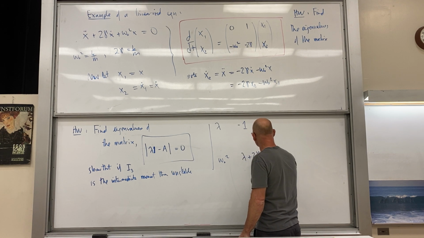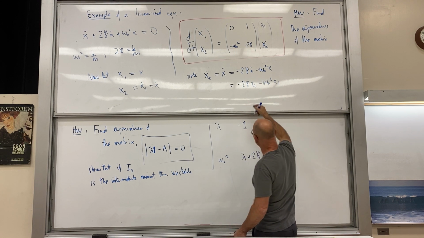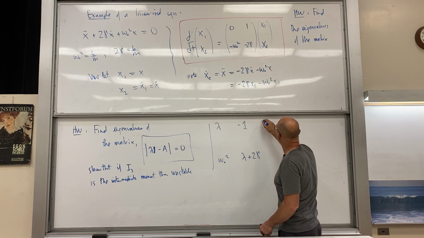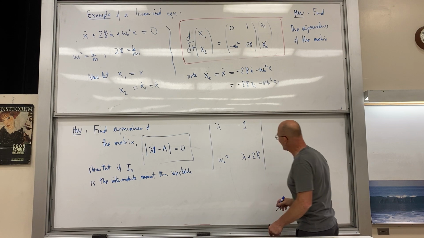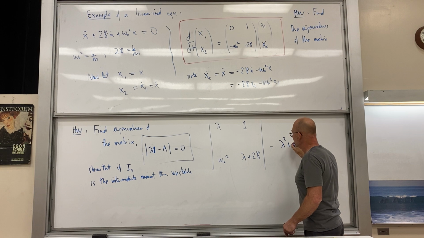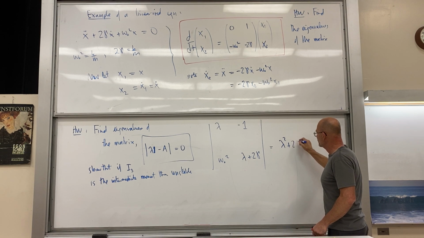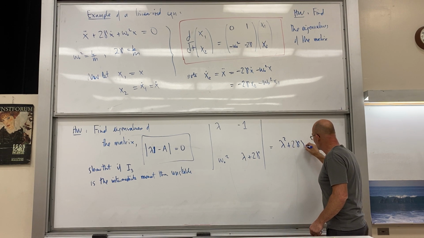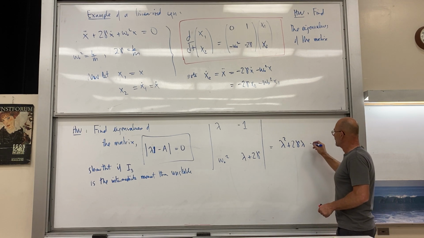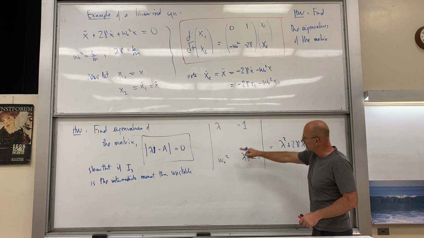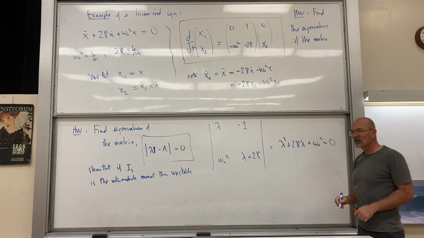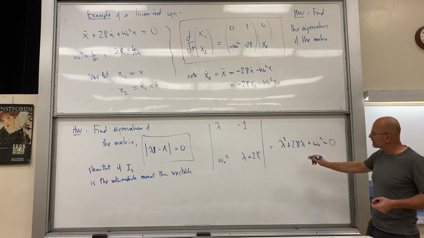Okay, because we took the negative of that matrix. And what's that determinant? That's lambda squared plus 2 gamma lambda plus omega naught squared equals 0. Of course, we've seen this before.